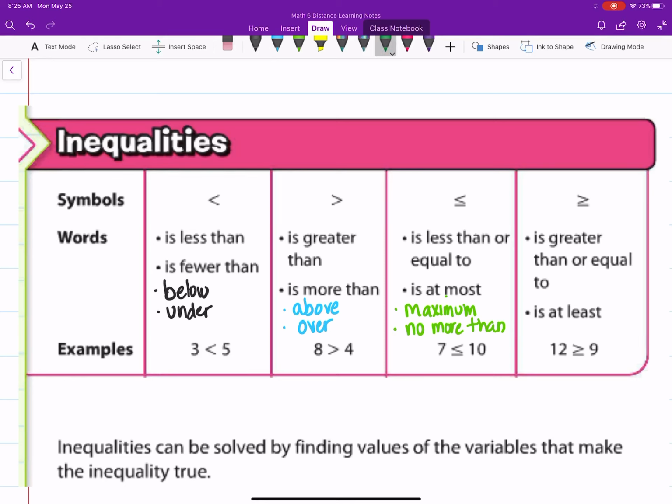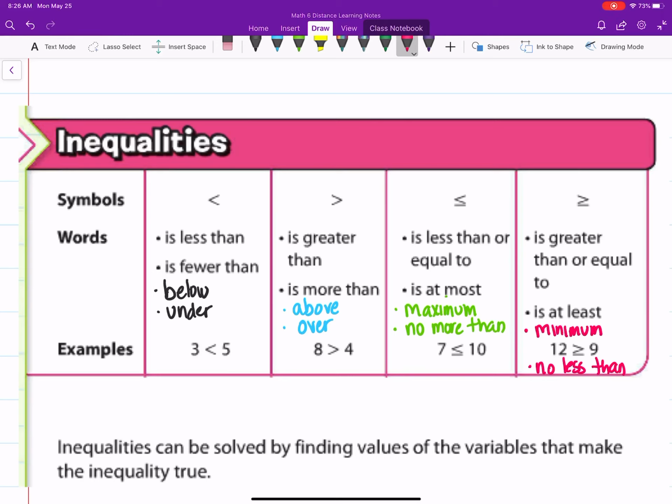And then we have greater than or equal to and at least. Okay, well, we saw above minimum. No less than. And again, you could probably think of more, and you're going to want to add those as you see examples. But when you see these key words, then you know to use that specific symbol.